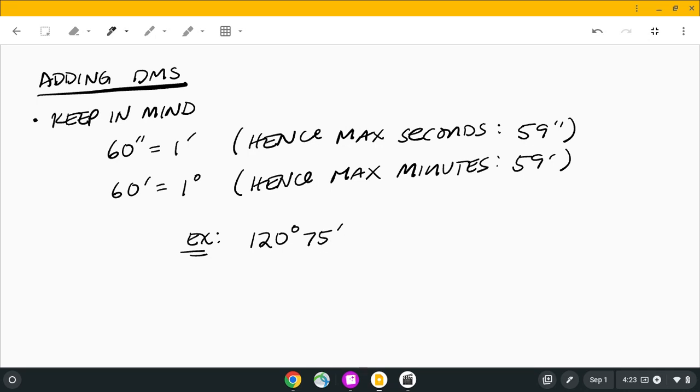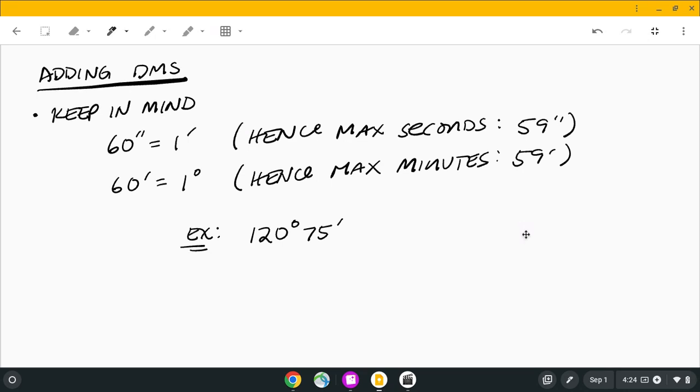So this simplifies to 121 degrees and 15 minutes. Maybe it's hard for you to see that.